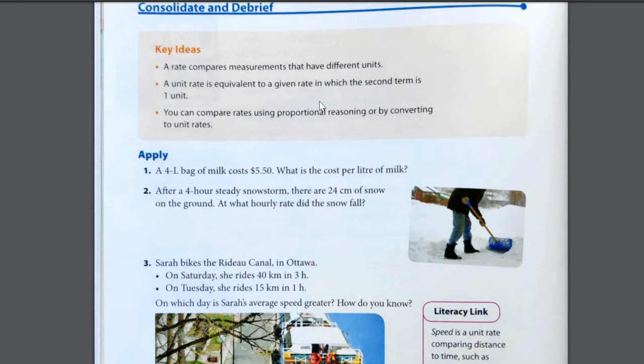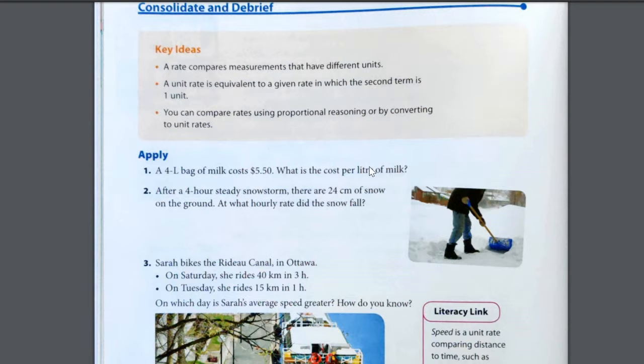So looking at this section here, we're going to go through a few questions. If we look right away at number 1, a 4-liter bag of milk costs $5.50. What is the cost per liter of milk?